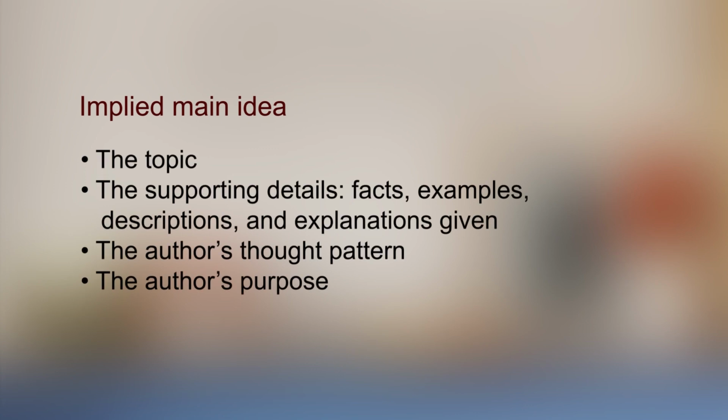To determine the implied main idea, look at the topic, the supporting details expressed as facts or examples, descriptions and explanations given, the author's thought pattern, and the author's purpose.